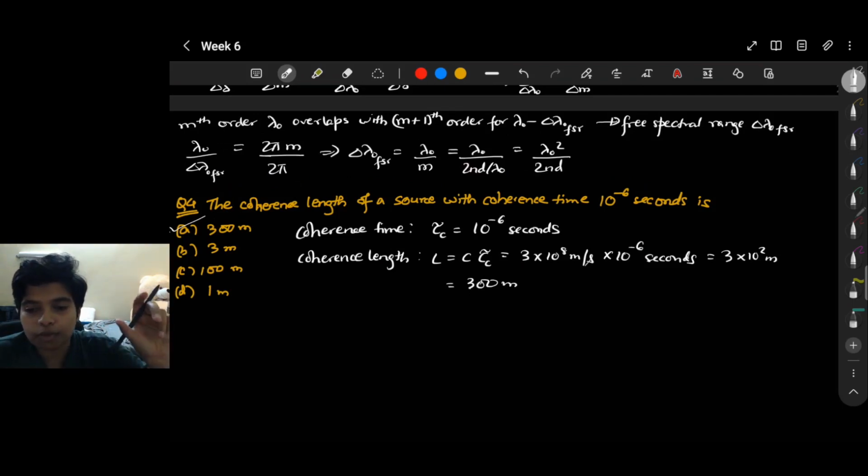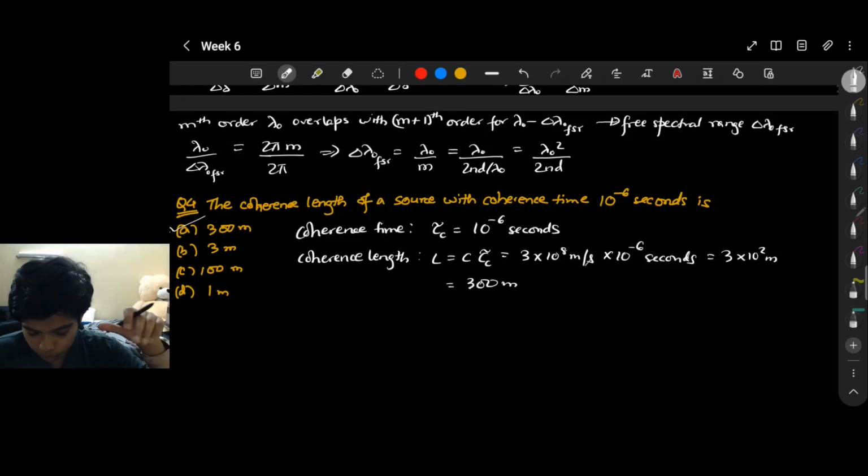They might just fall off the phase relation between these. So the coherence time tells you within what time these pulses or wave trains remain coherent, meaning they would have a fixed phase relation between them.